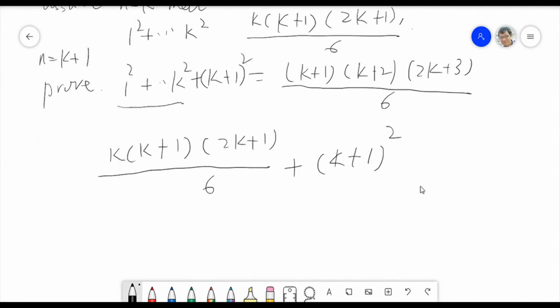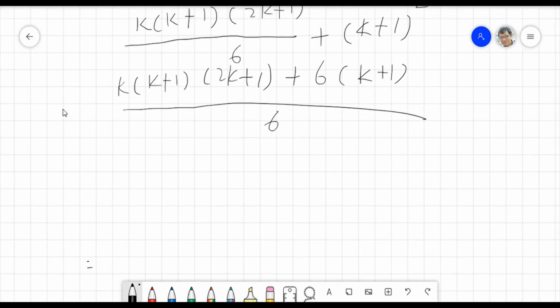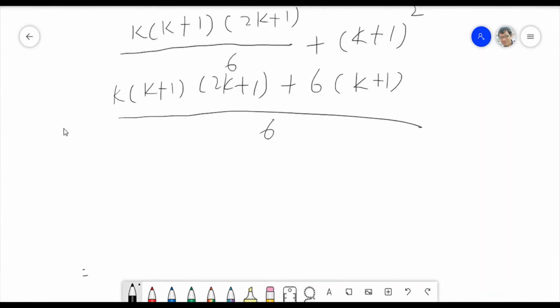So let's see how to prove that. Definitely we have to multiply by 6 on both sides, so we can have the common factor 6. Let's do it. So k plus 1 times 2k plus 1, plus 6 times k plus 1 squared. So what's the common factor? k plus 1, right?